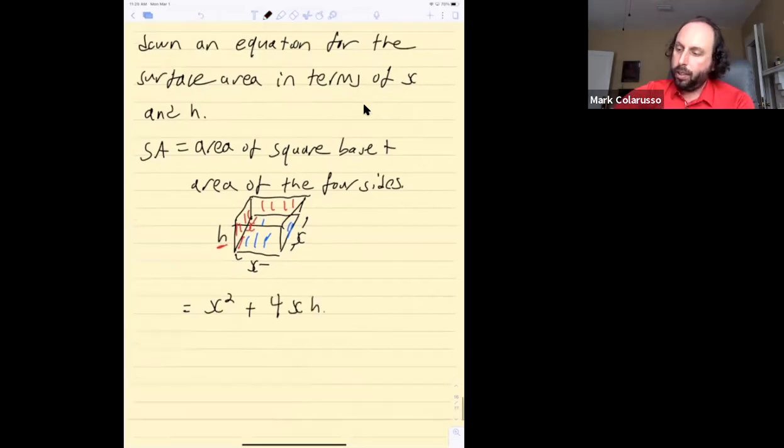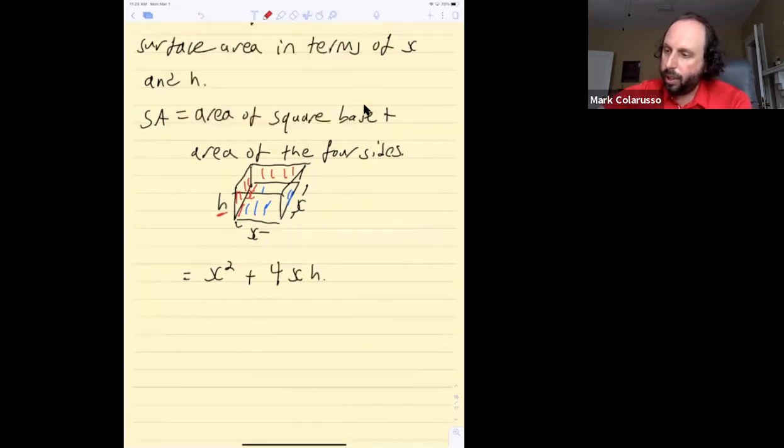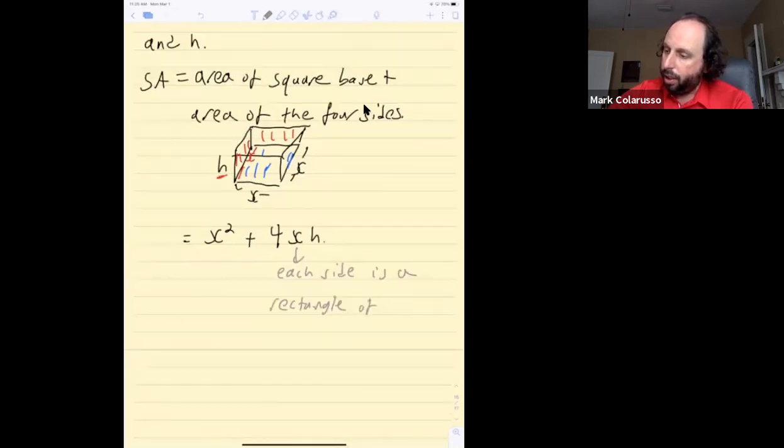Right, so each side is a rectangle of height h and base x. So the area of each side is x times h.